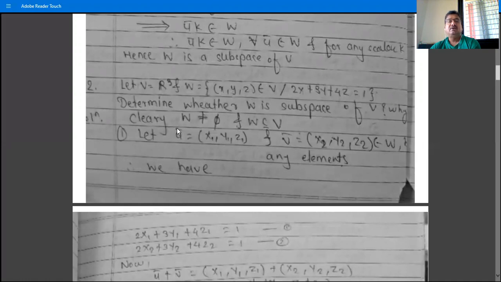Next, we have to check whether W satisfies the remaining two conditions of a subspace. What are the two conditions?